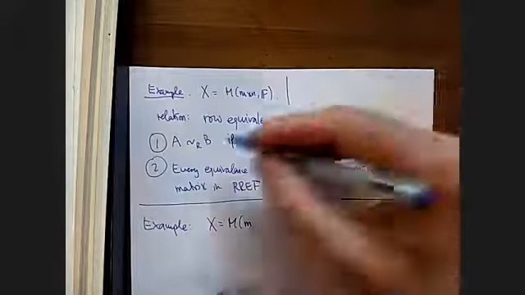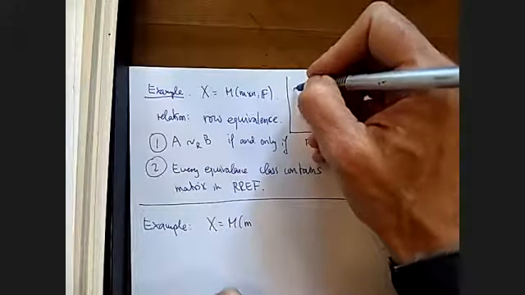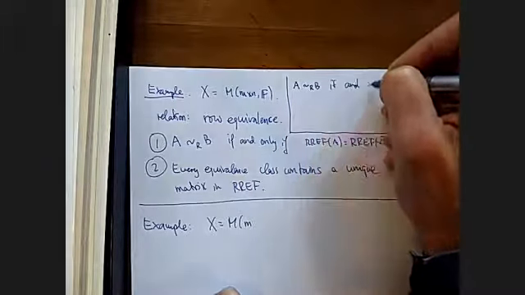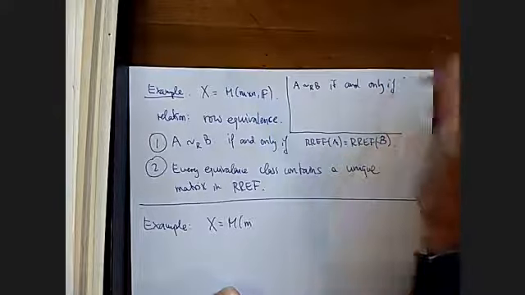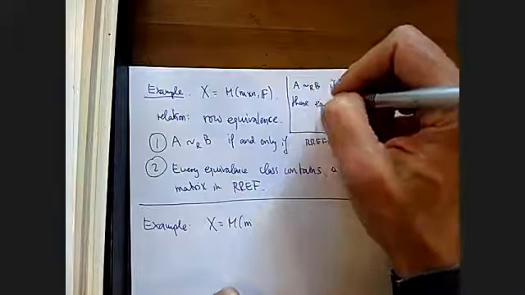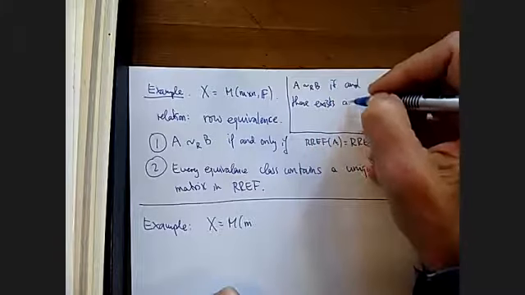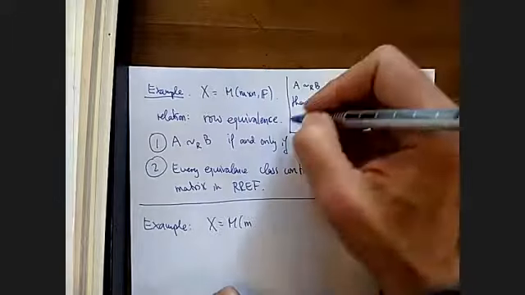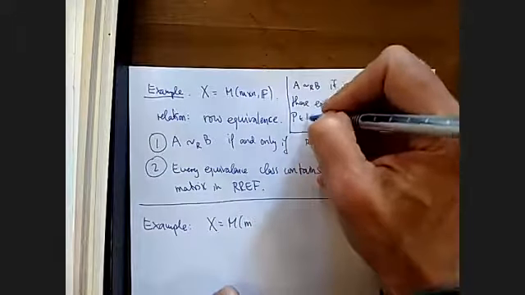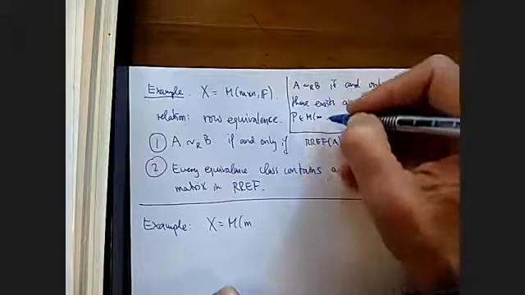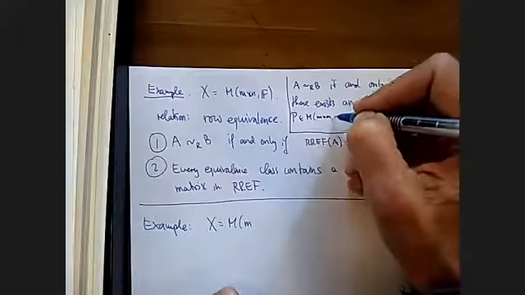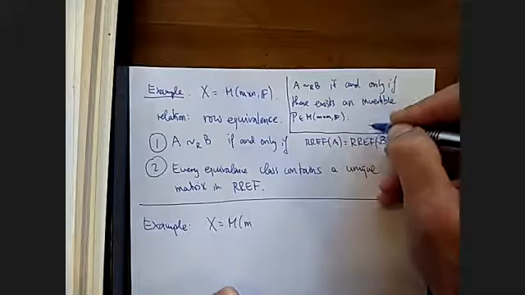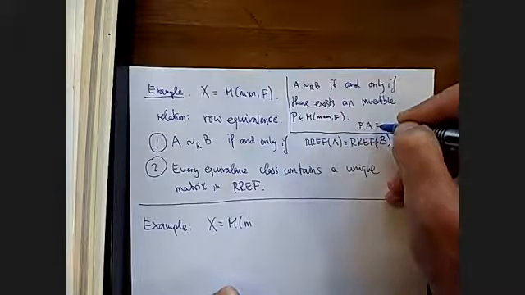Let me just remark that A is row equivalent to B if and only if there exists an invertible matrix P, so this is an m by m matrix, such that PA is equal to B.